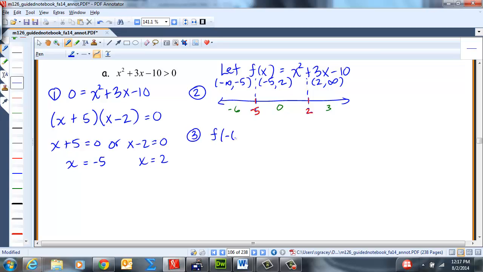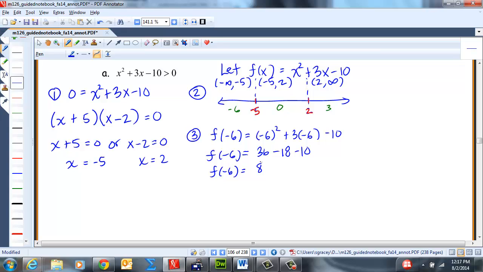So when I evaluate our function at negative 6, it'll be negative 6 squared plus 3 times negative 6 minus 10. So this will be 36 minus 18 minus 10. And so f at negative 6 will be positive 8, I believe. Is that right? Yes.